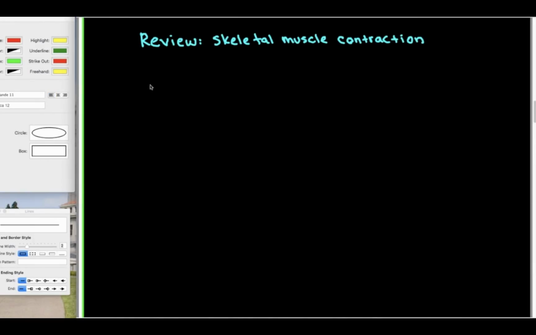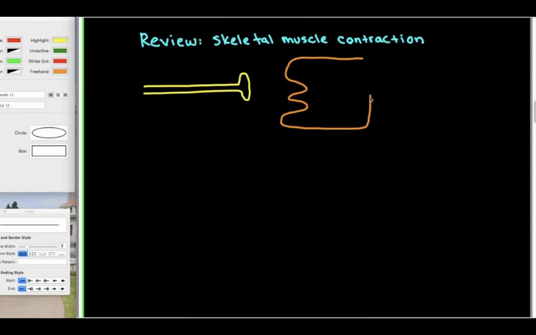Just a general brief review. We had a somatic motor neuron coming out of the central nervous system. That somatic motor neuron was responsible for talking to a skeletal muscle fiber, which I've drawn terribly here, but shown there in orange. So the somatic motor neuron has an action potential that goes to the axon terminal, triggering the release of acetylcholine in the synapse.